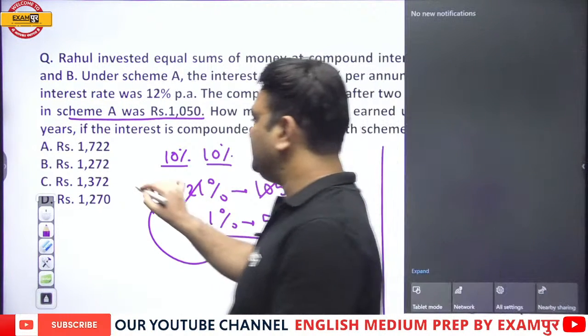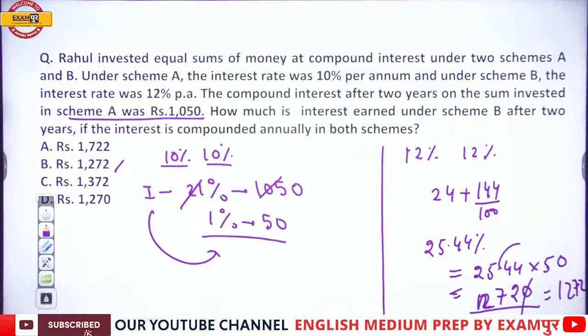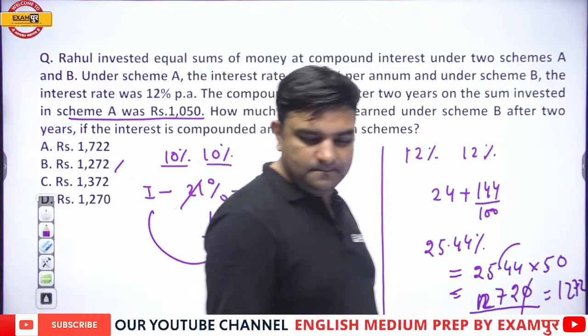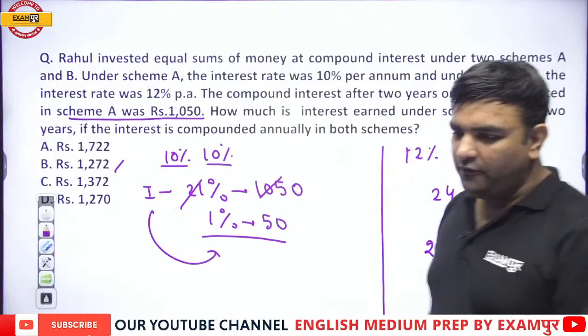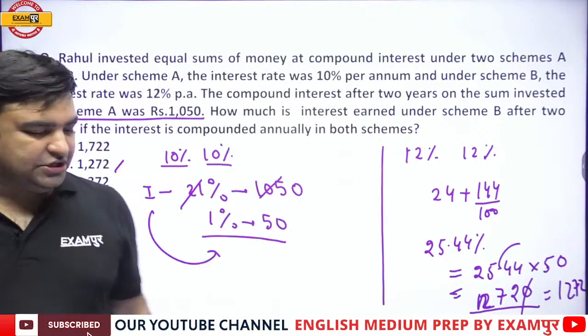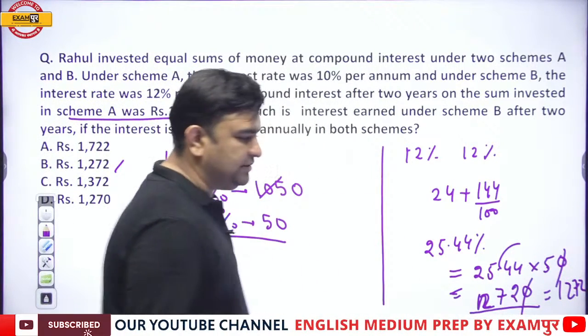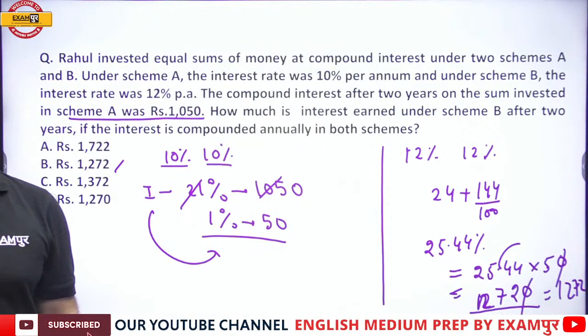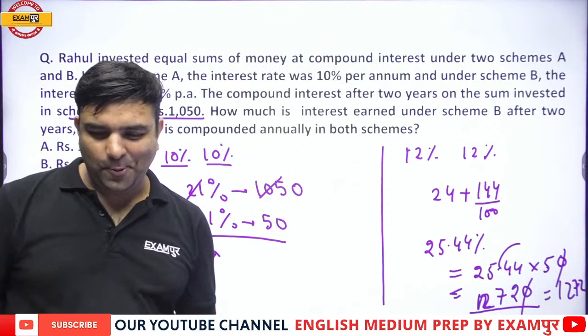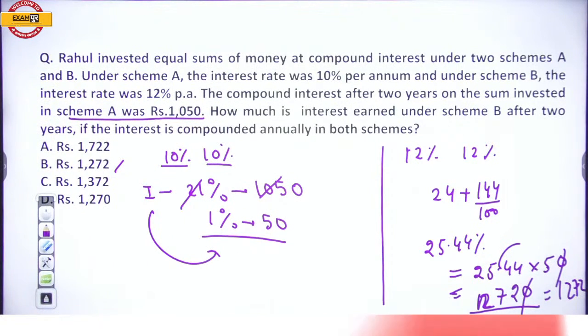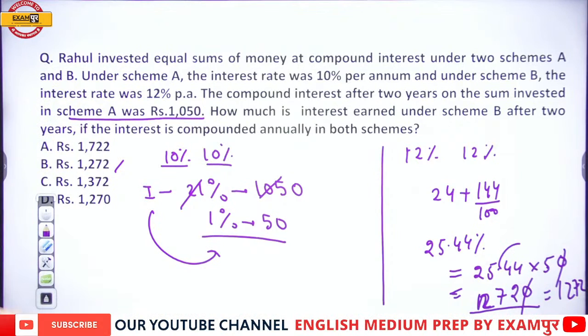Taking care of decimals, guys, they simplify each other because two decimals will cancel out. 1272 would be the correct answer. Well done. Keep it up. So proud of you.